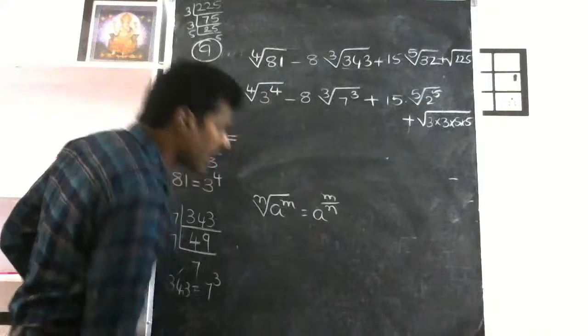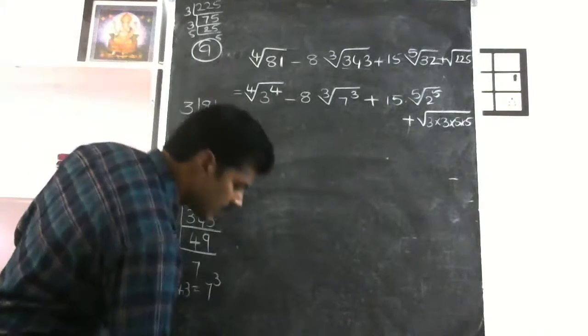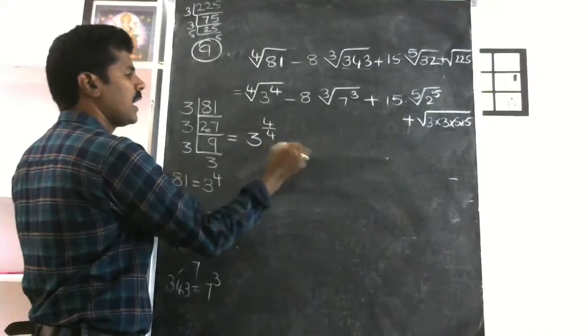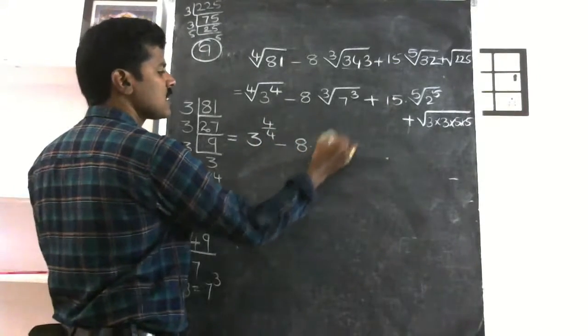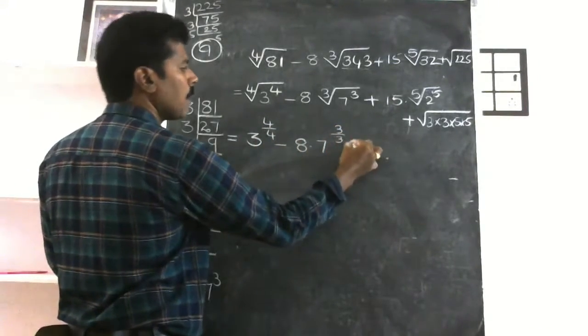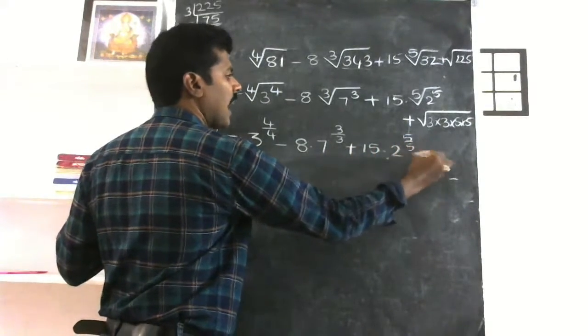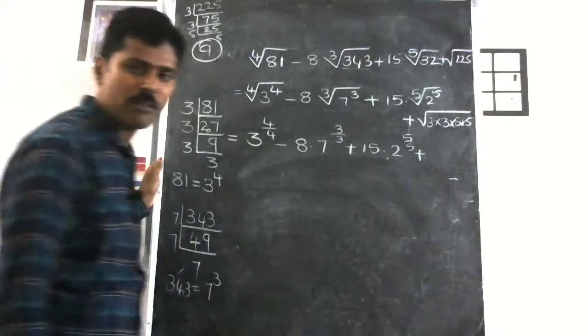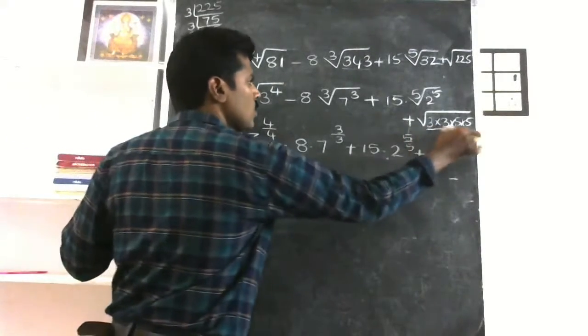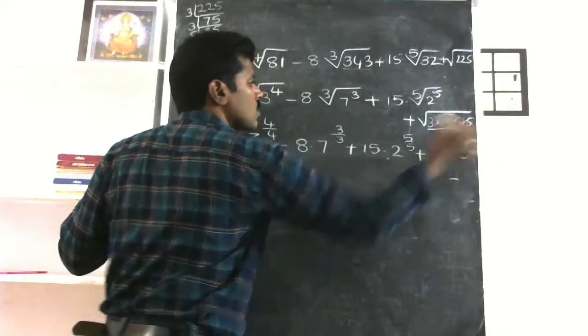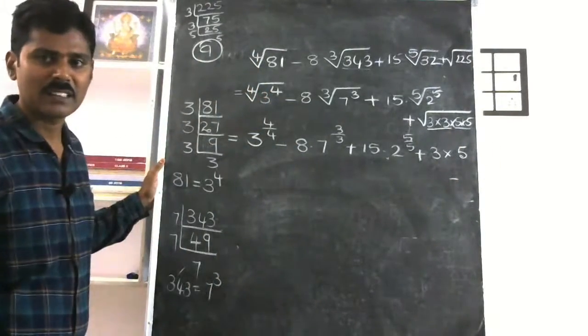So by applying that, I will get here 3 to the power of 4 by 4, minus 8 into 7 power 3 by 3, plus 15 into 2 power 5 by 5, and plus the square root, which we have done previously. In 2 3s I will get one out of them, and in 2 5s one out of them, so we won't get the square root again.